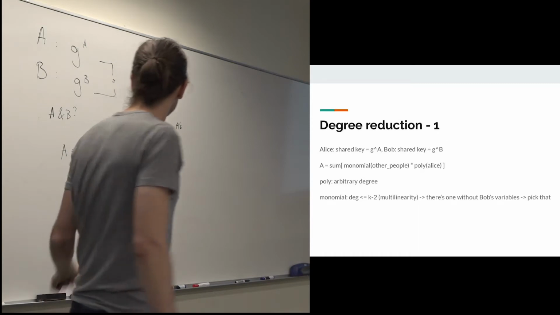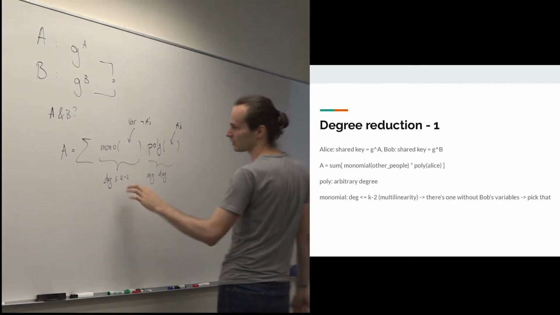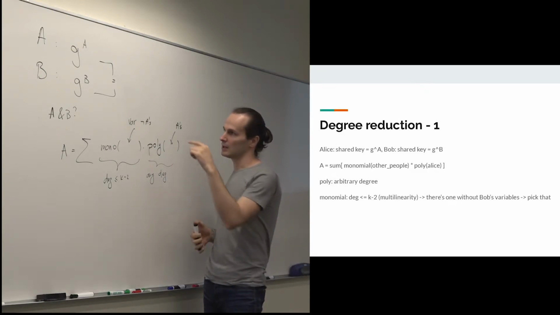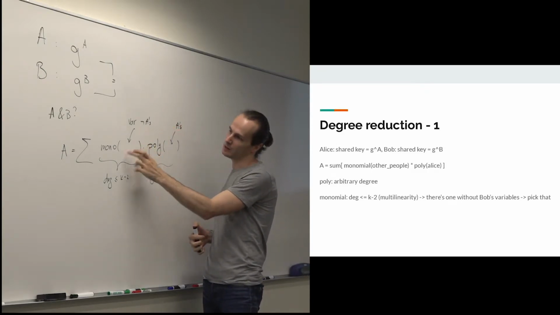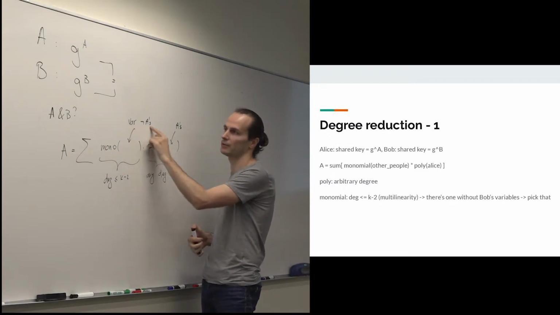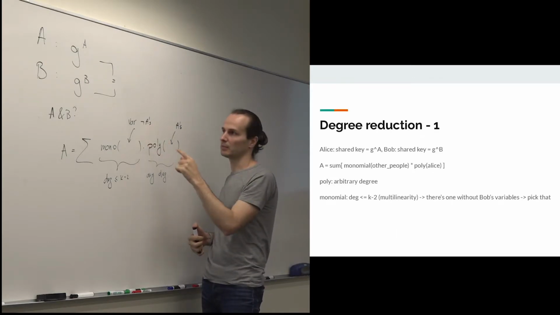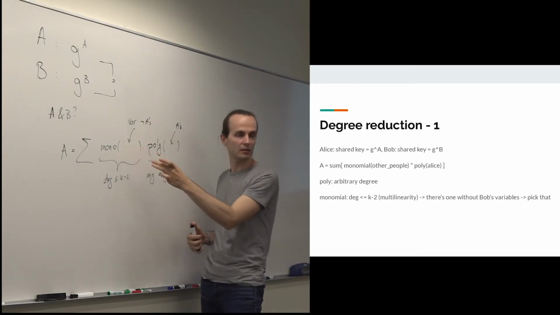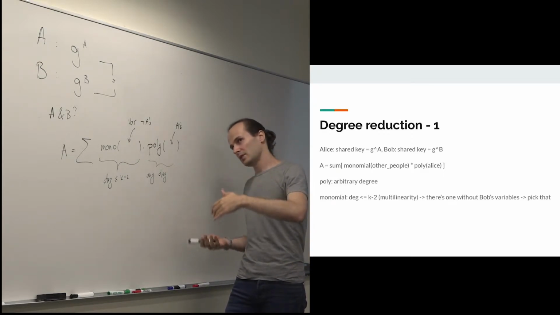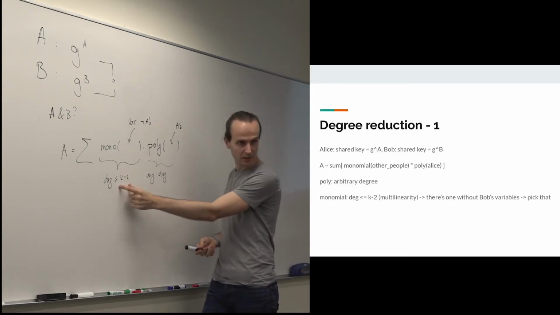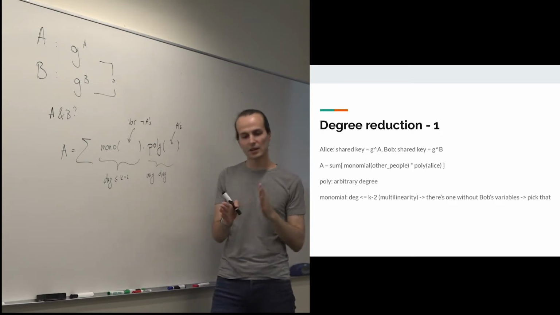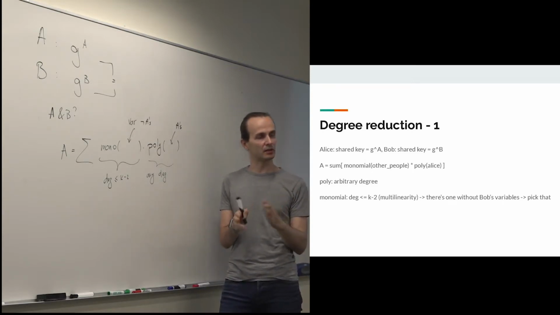Okay. So since this one has degree k minus 2, there is going to be one monomial where not only I don't have Alice's variables, but Bob's variables are not going to appear either, because there are k parties, k minus 2 is the degree here. So there are at least 2 parties' variables that are missing.